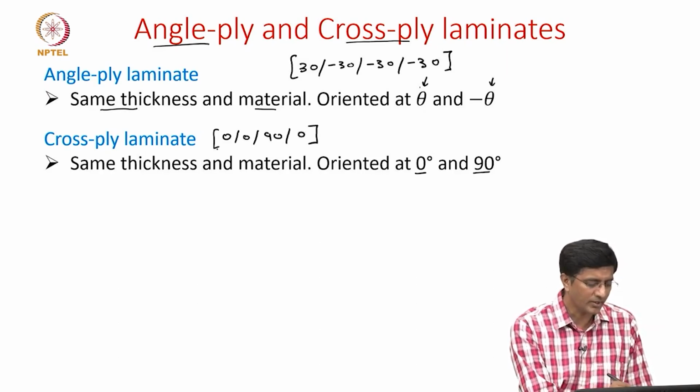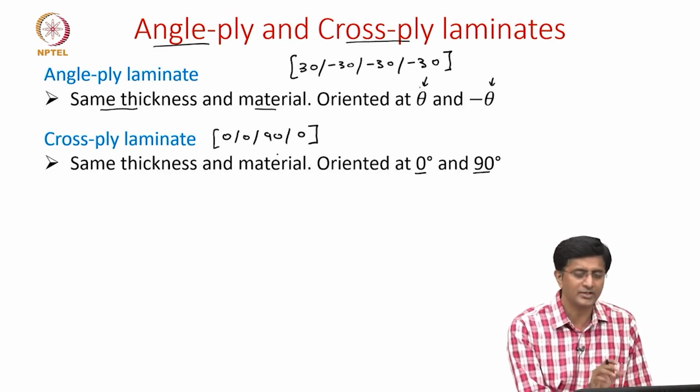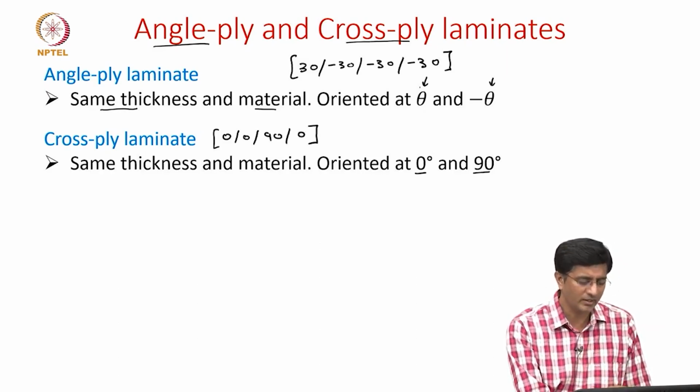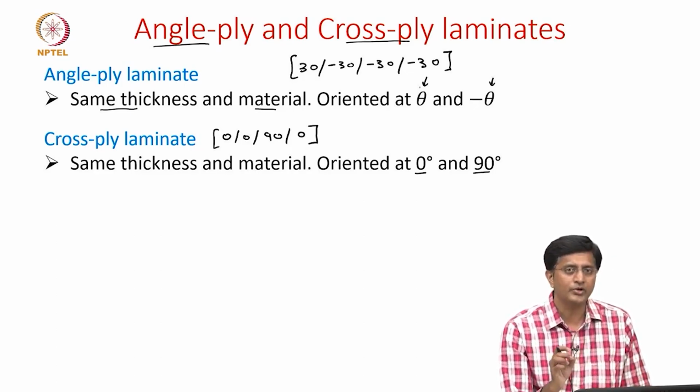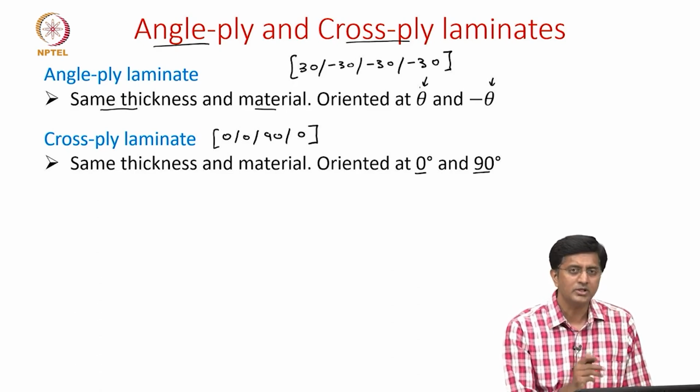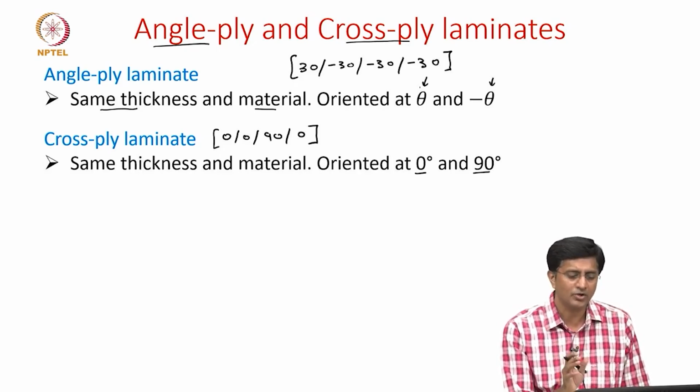This is a cross-ply laminate because it only has two angles, which are 0 and 90. And if we recall the previous discussion, will we use Q or Q dash for a cross-ply laminate? For a cross-ply laminate, we will use Q because the angle is either 0 or 90.